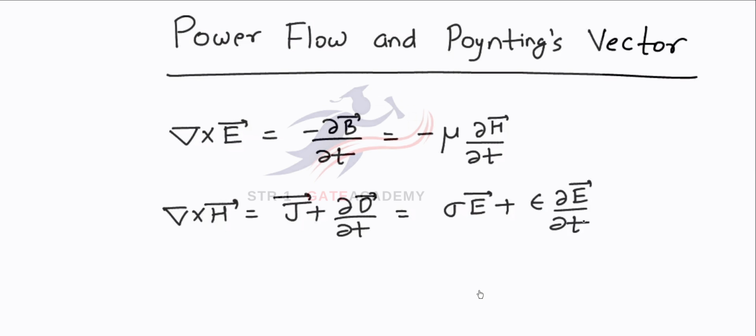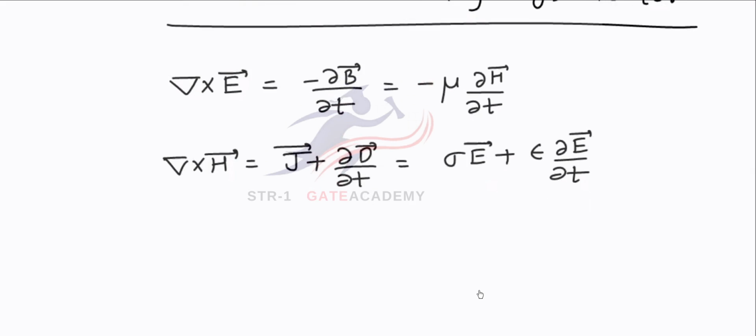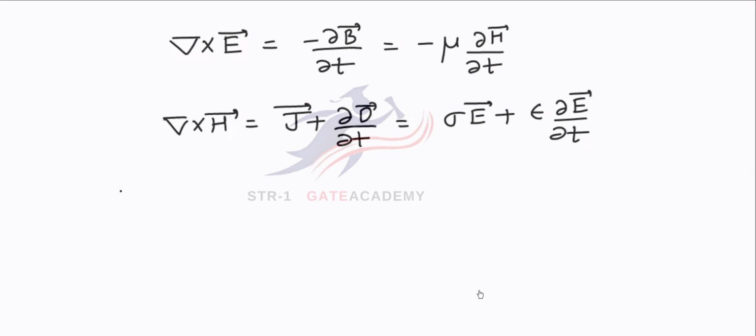Now what I'll do is, there is a vector identity.